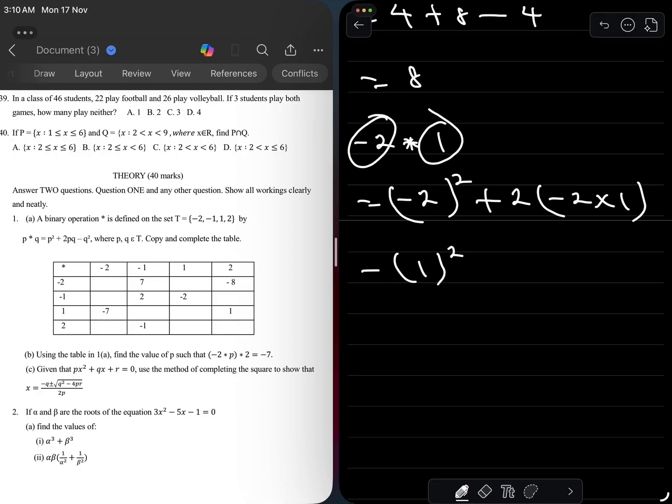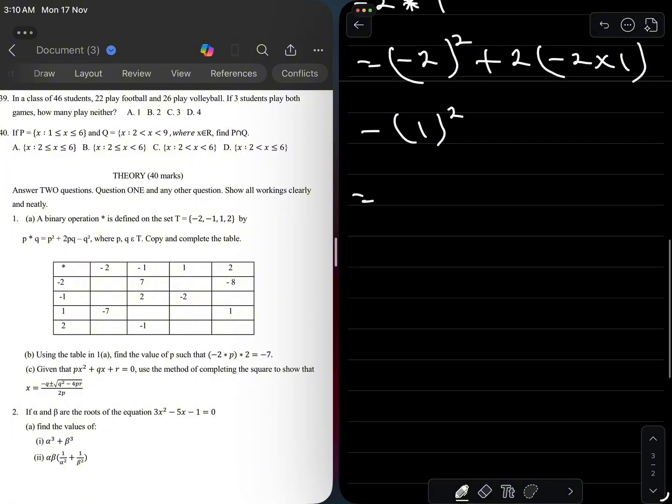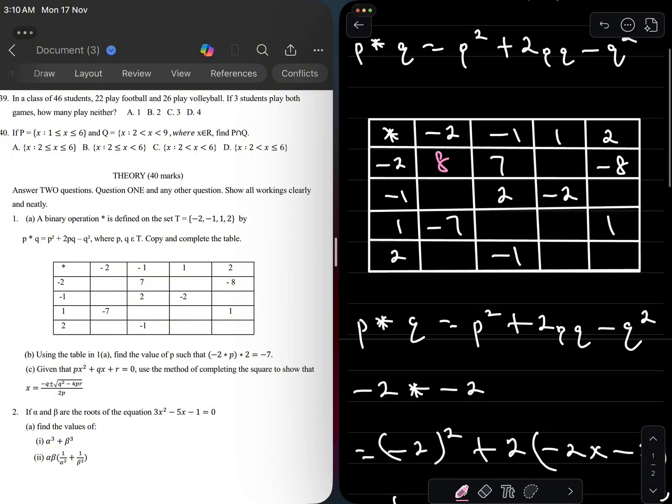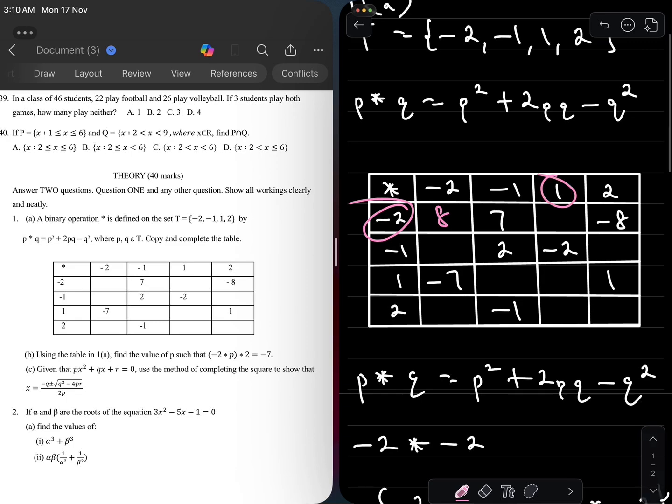This is P and this is Q, and that's equal to 4 minus 4 minus 1, and that's equal to minus 1. That means minus 2 asterisk 1 is minus 1.